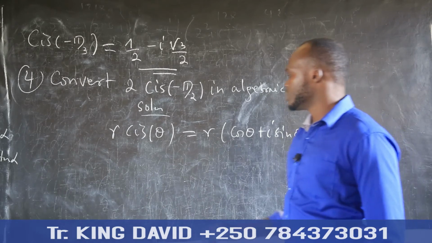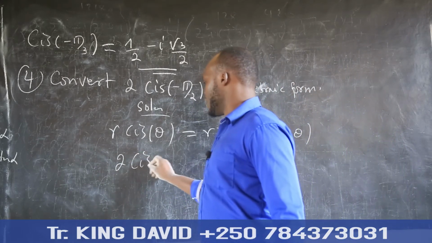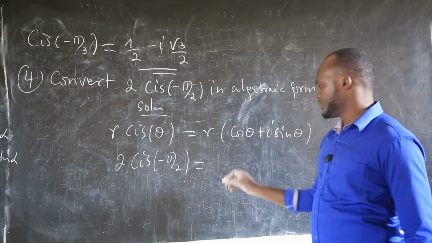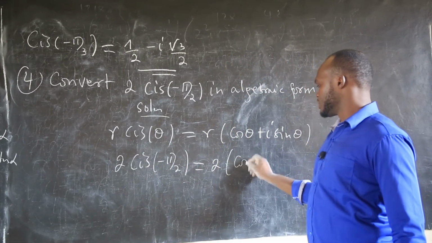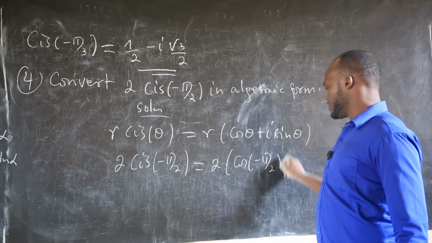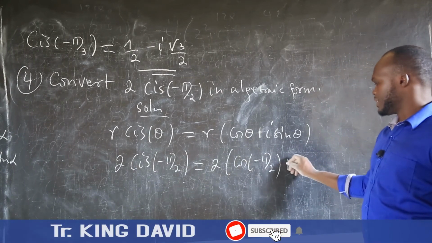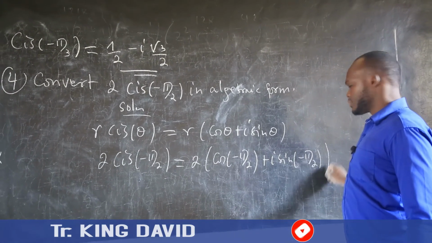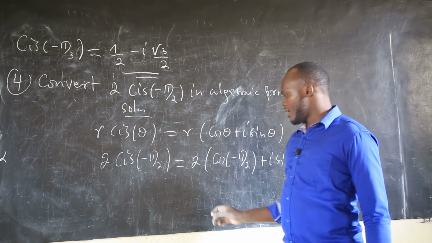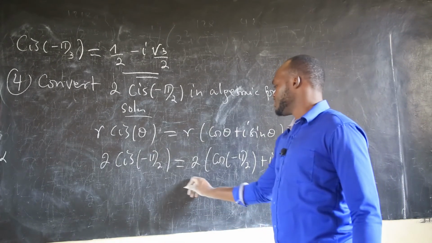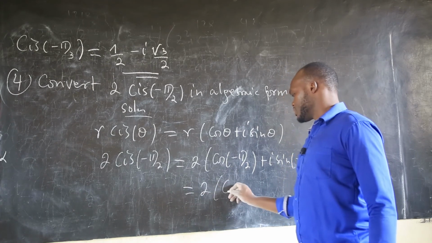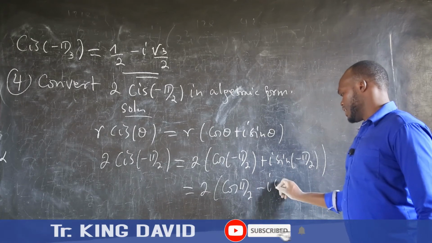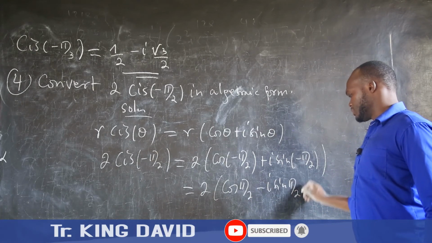So now we have 2 CIS of negative pi over 2. This is 2 into bracket cos of negative pi over 2 plus I sin of negative pi over 2. As you remember, cos of a negative angle is cos of that angle, so this is 2 into bracket cos pi over 2 minus I sin pi over 2.